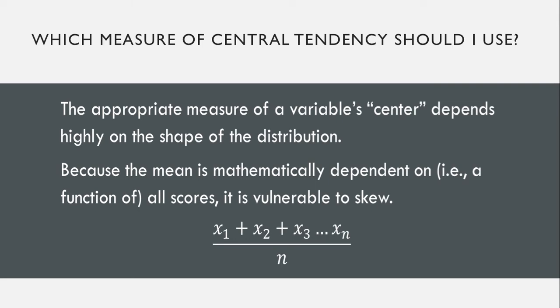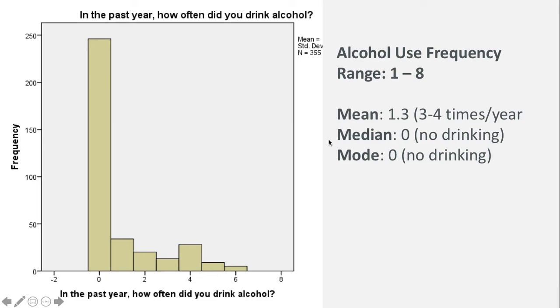So when we decide which measure of central tendency we want to use, we have to keep in mind the distribution. Researchers consider certain measures of central tendency better for certain shapes of distributions. So let's look at what that looks like. So if we look here, the mean is 1.3, while the median is 0, and the mode is 0.